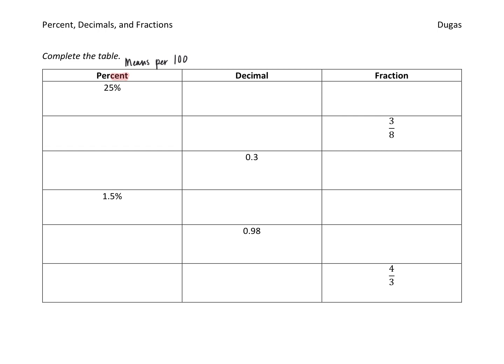An easy way to change a percent to a decimal is to simply divide. So if you're not sure what to do, percent means per 100. That just means divide by 100. So to make 25% a decimal, you take the percent, so 25 divided by 100, and you get 0.25.